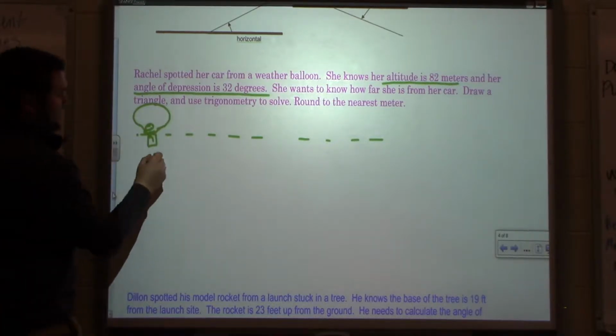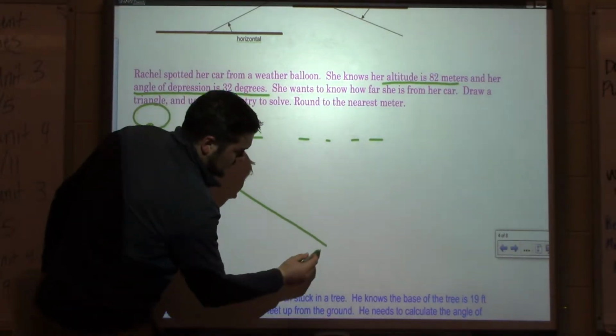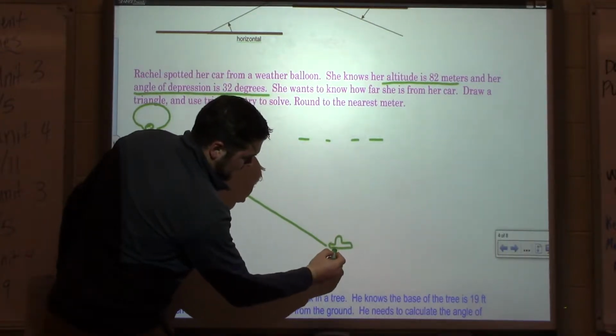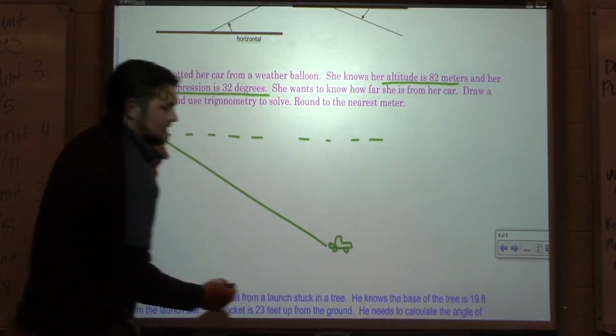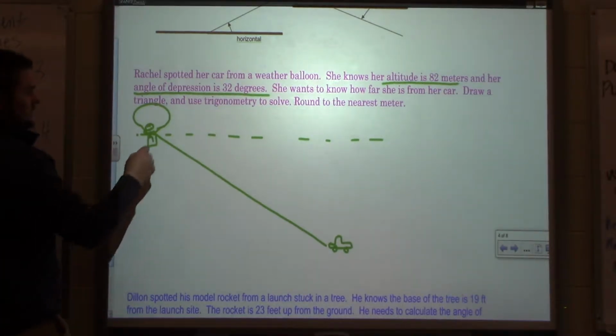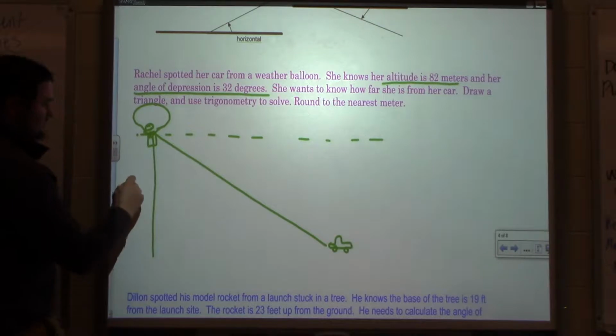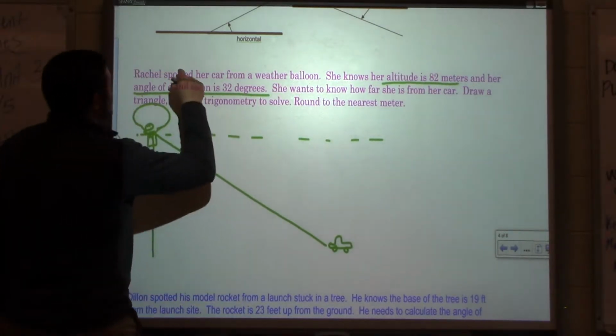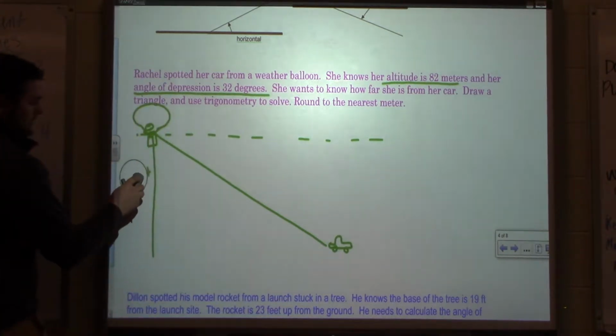She sees her car down here. She sees her car, right? She is 82 meters above the ground.